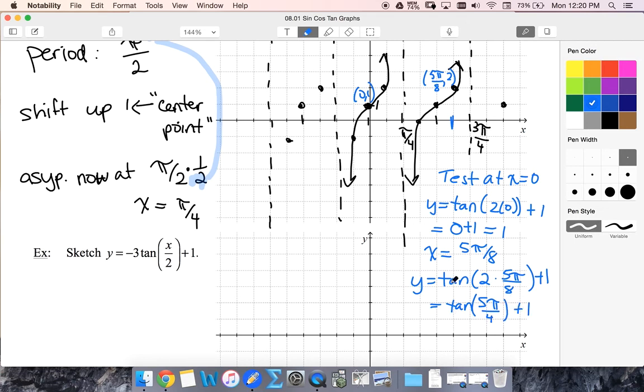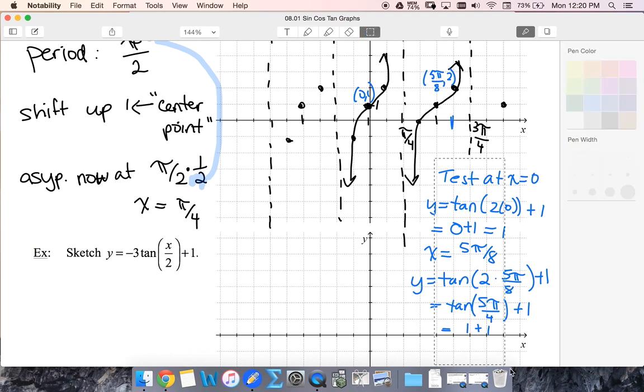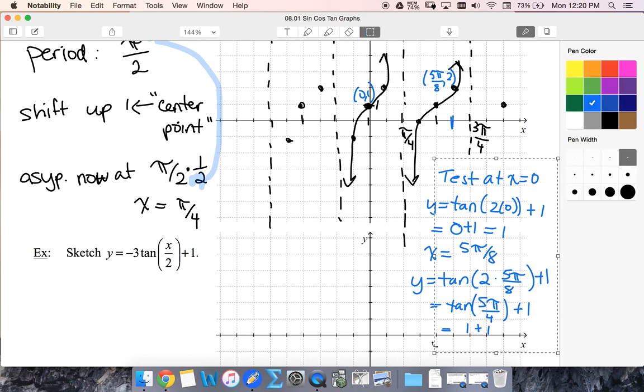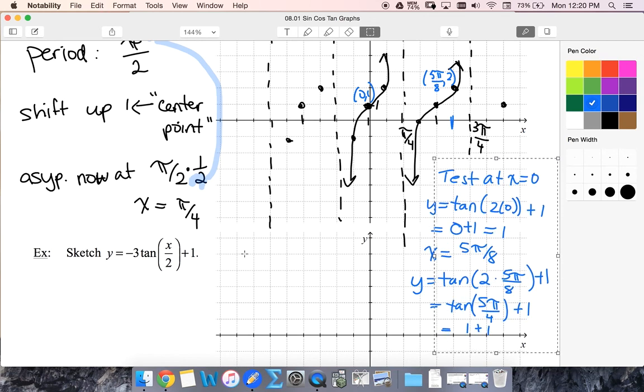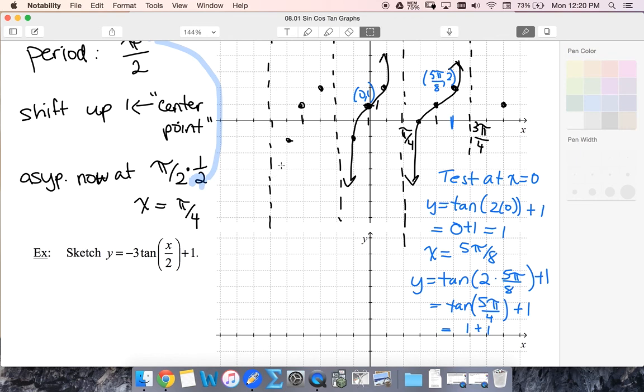From my unit circle, I know that this is a value of positive 1, plus 1 makes 2. So that leads me to believe that my graph is correct. So try and do the next one and come back and check your answers.